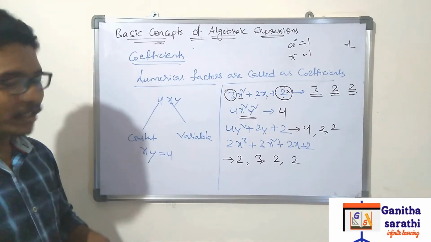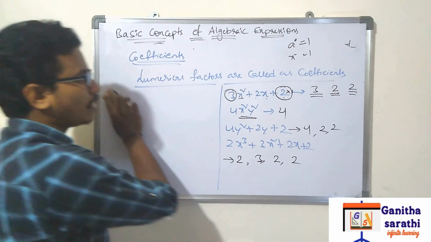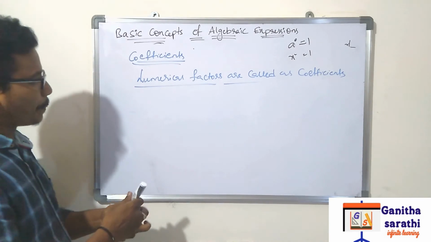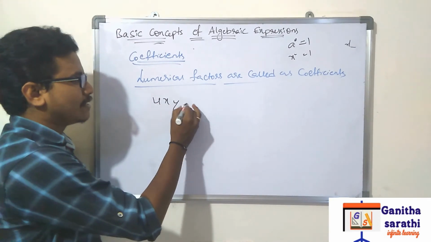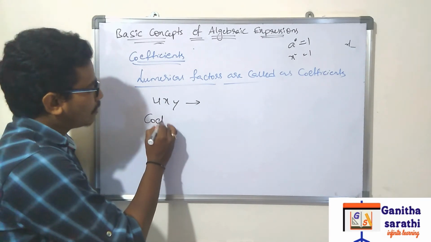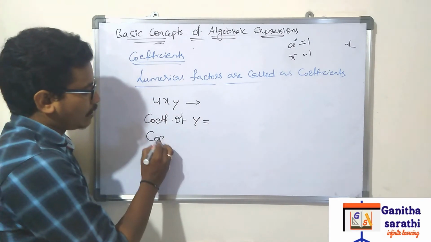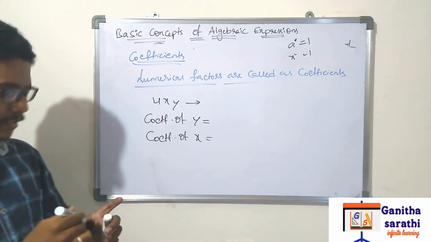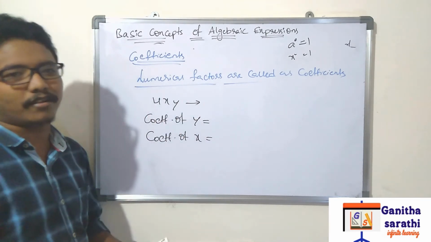But see here, numerical factors only are not always called coefficients. Take the same example, 4xy. I am asking the coefficient of y and the coefficient of x in the same expression.